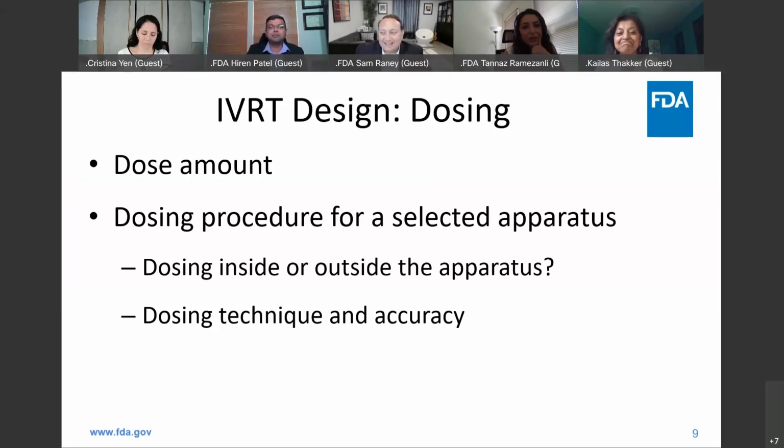Okay. And I just want to make one comment. As Sam mentioned, there are certain apparatus which are meant to be dosed outside, but if you are using a different apparatus, you cannot just cross-reference the apparatus which is designed to be dosed outside. For example, with type A it is okay because, as Christina mentioned, you can control the dose, but when you take something like a type B apparatus and try to dose outside and measure on a weighing balance, it leads to many concerns related to a well adequately controlled study.